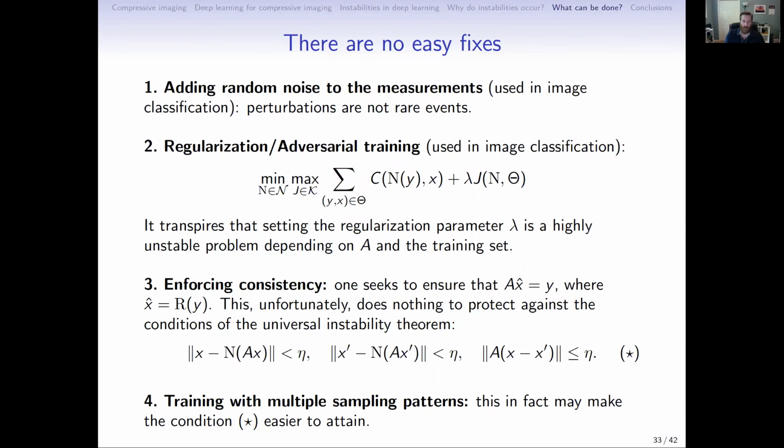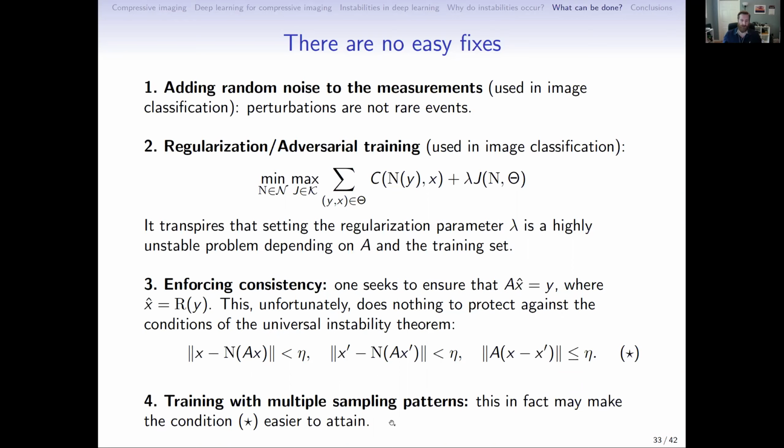Another approach is to train with multiple sampling patterns. If you take something like MRI or CT, let's say MRI, this means maybe using different numbers of radial lines, or maybe some radial lines and some spiral sampling patterns. Maybe just have a bunch of these and train using that. This could be viewed as a sort of data augmentation strategy, because you're creating a bigger training set.